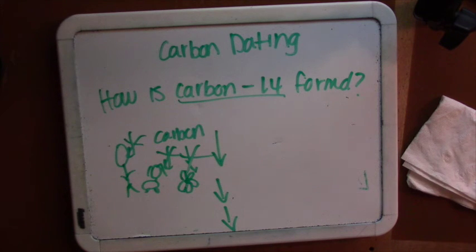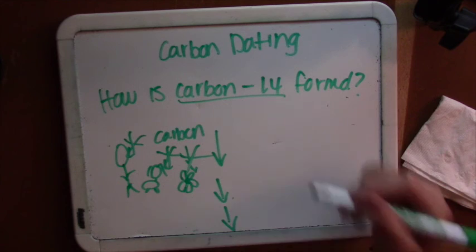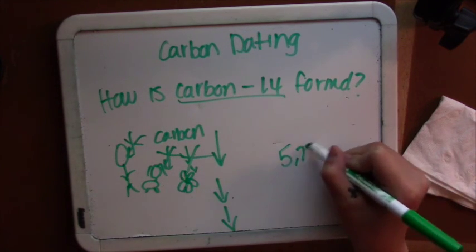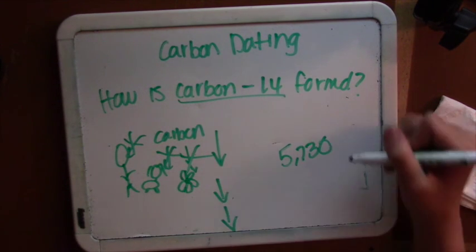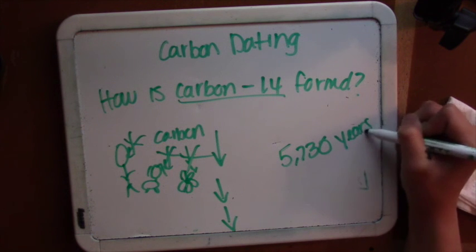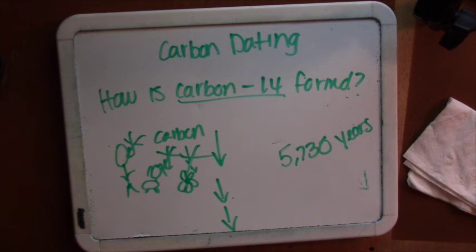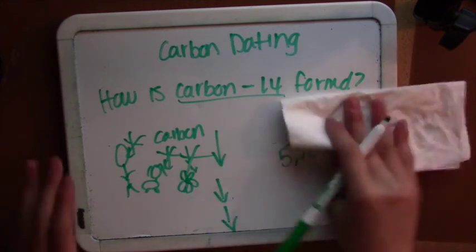The half-life of carbon-14 is 5,730 years. So measuring the amount of carbon-14 in a sample today can tell you how long ago something died, and therefore the age of a sample. It is very useful, but it also has some limitations.